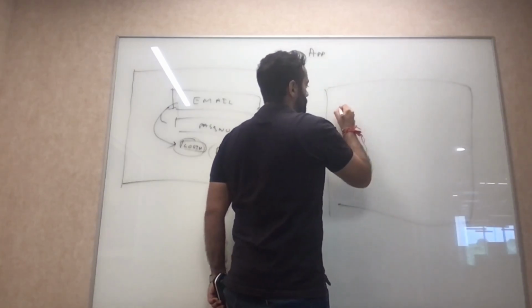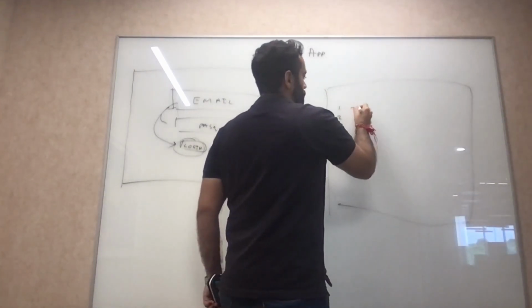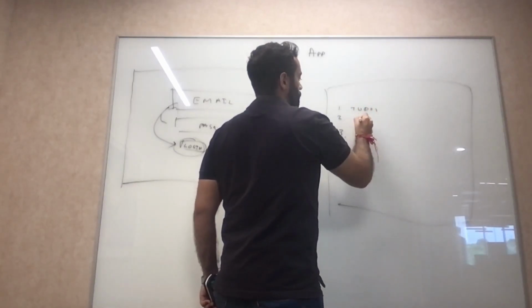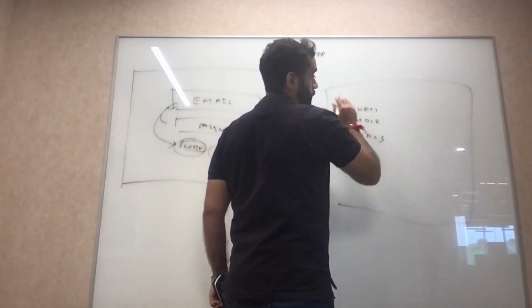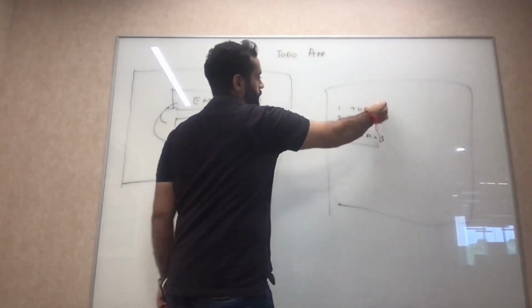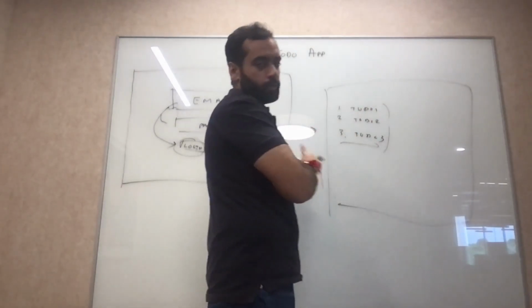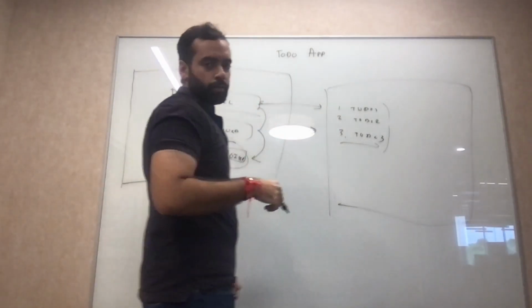So here there will be a list of to-dos. This is to-do 1, to-do 2. These will be the to-dos associated just with the user. We don't need to show the to-dos associated with other users, only this user. So basically the email is the identifier for that.